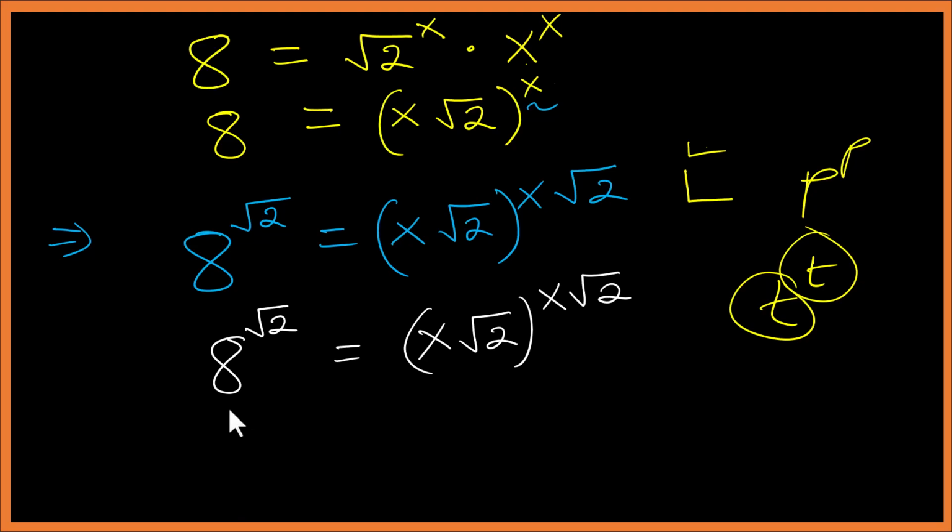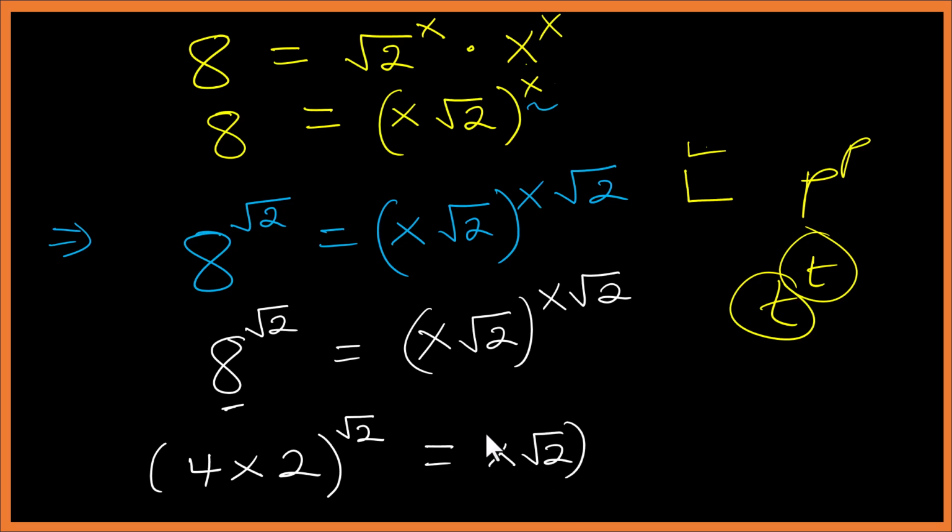Okay, so we know this 8 can be written as 4 times 2. 4 times 2 is 8. All right, so 8 equals x times square root of 2.